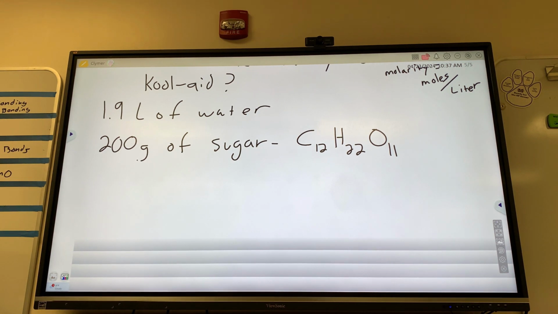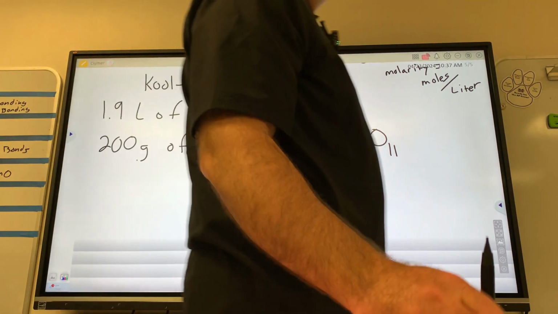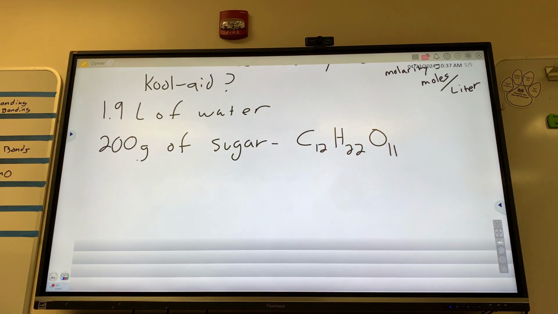Well, I've got like 0.8 something moles divided by 1.9 liters of water. 0.8 moles. That can't be right. That sounds high. That's right. But you're not done. Yes. But you don't have 1 liter. So this then divided by the 1.9 will give you your answer.